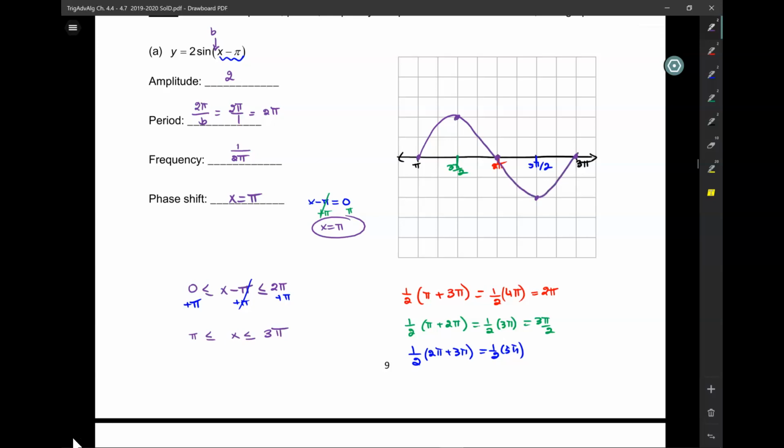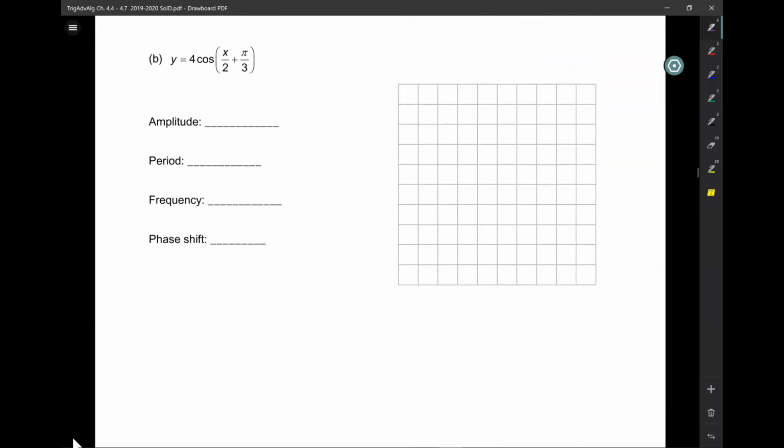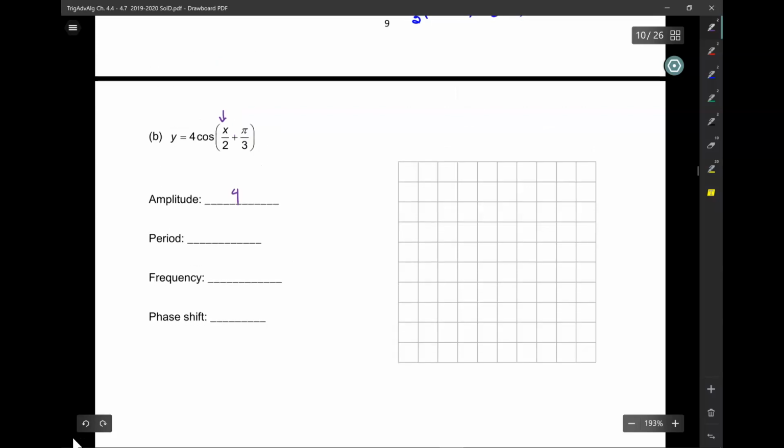Okay, let's do one last one. All right, what's the amplitude here? 4. Okay, period. For the period, I need b. So look at this one. It's x over 2, meaning what's b? Not 1.